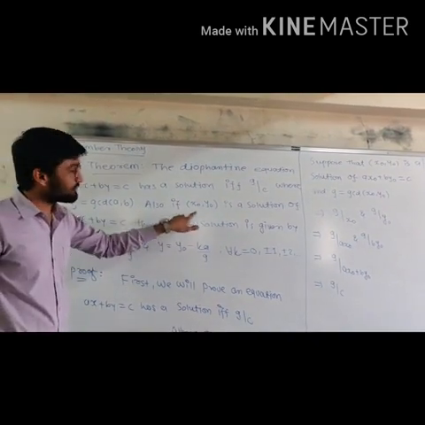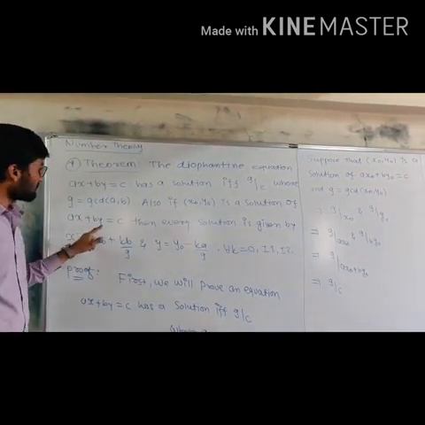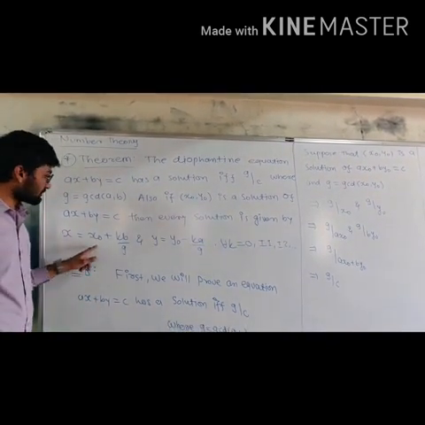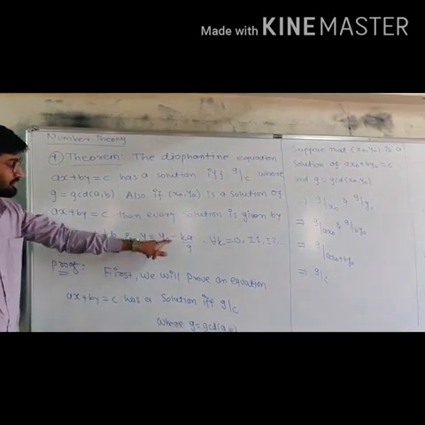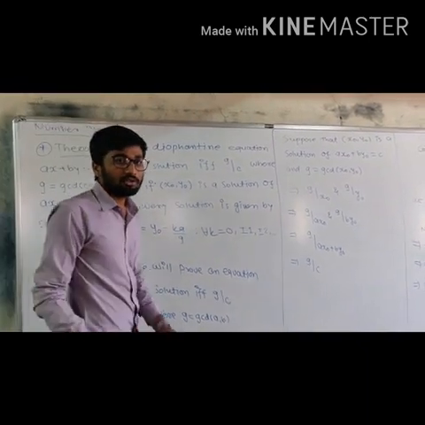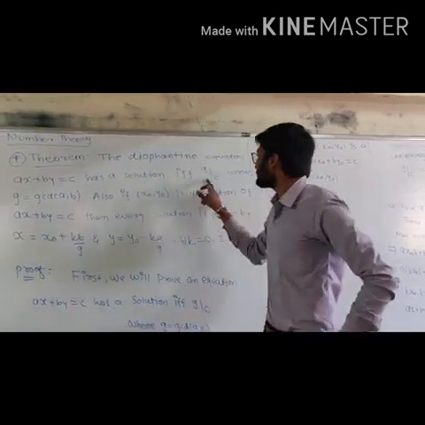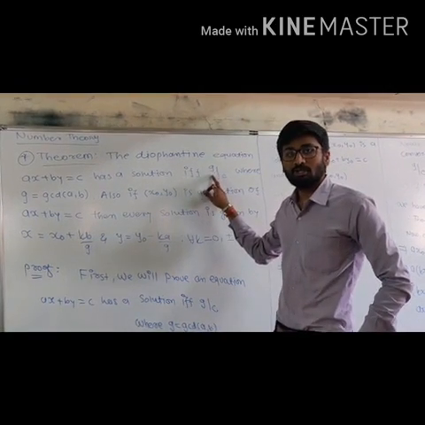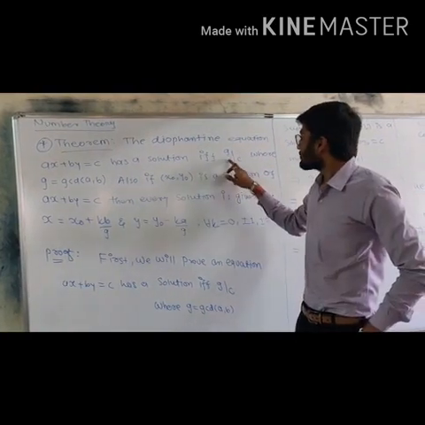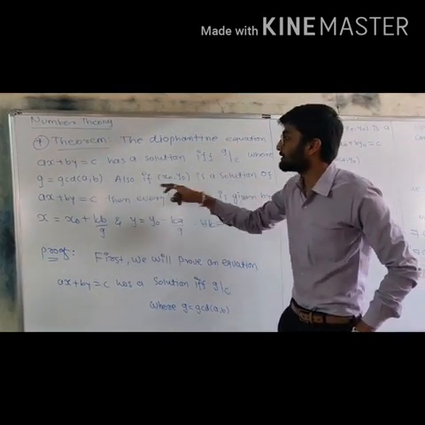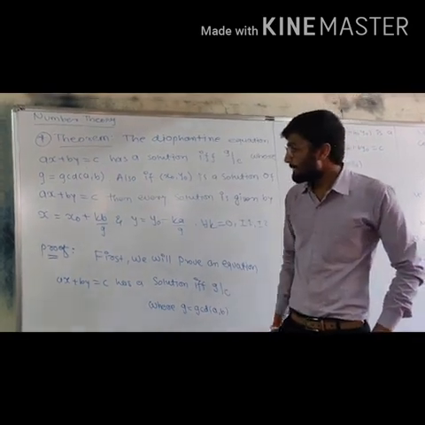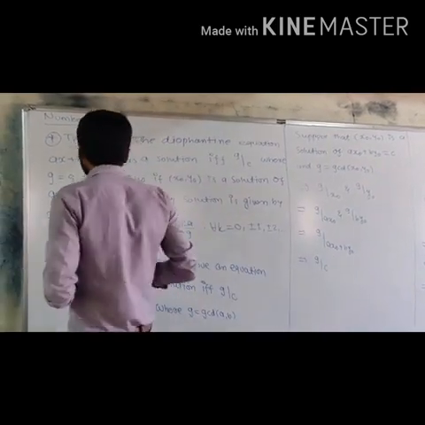Also if x0, y0 is a solution of ax plus by equal to c, then every solution is given by x equal to x0 plus kb by g and y equal to y0 minus ka by g. That means if for the Diophantine equation the GCD of a and b divides c, then this Diophantine equation has a solution. And if g does not divide c, then the Diophantine equation ax plus by equal to c does not have a solution. So it is the first part of the theorem.